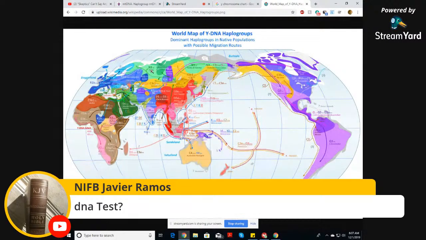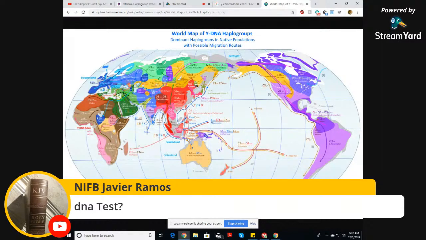So we got the N's. The N would be Asian or Japhethite. The Q is Japhethite. The R is Japhethite. The D2 right here, this D2 is, of course, a Hamite.